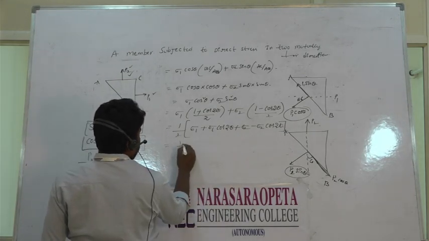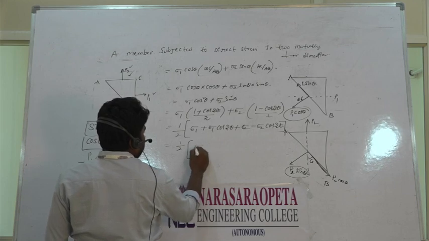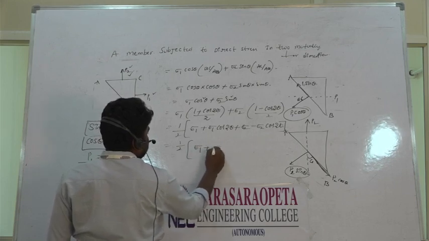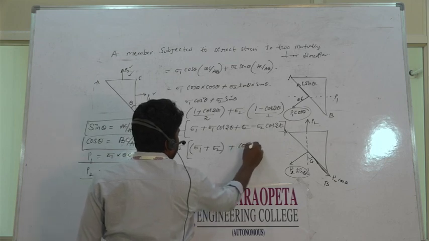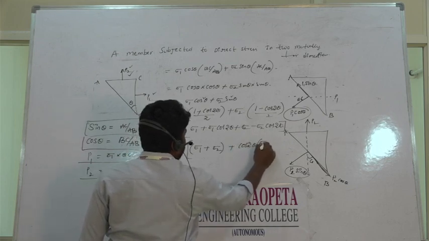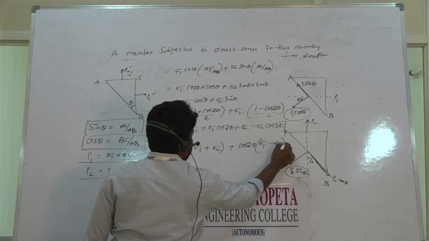So further, 1 by 2 sigma 1 plus sigma 2, and cos 2 theta is common, sigma 1 minus sigma 2.